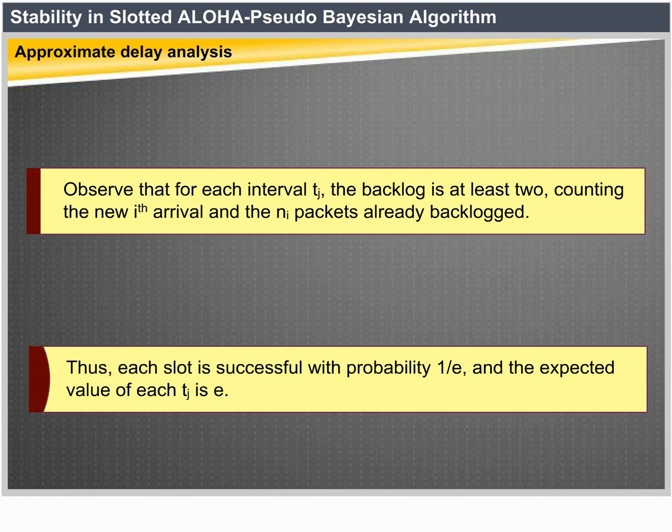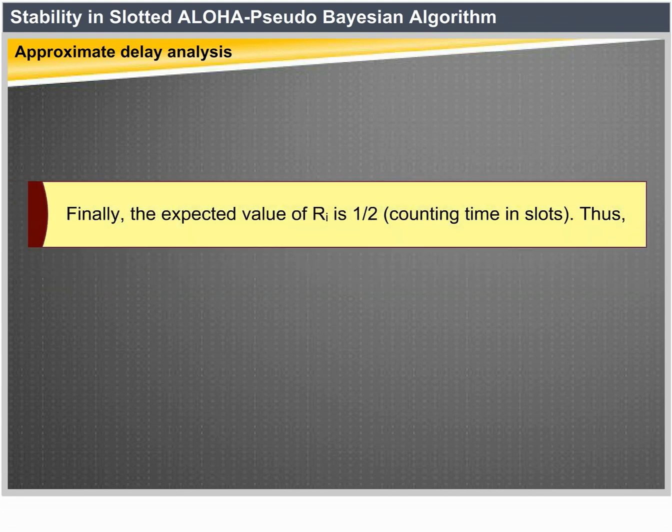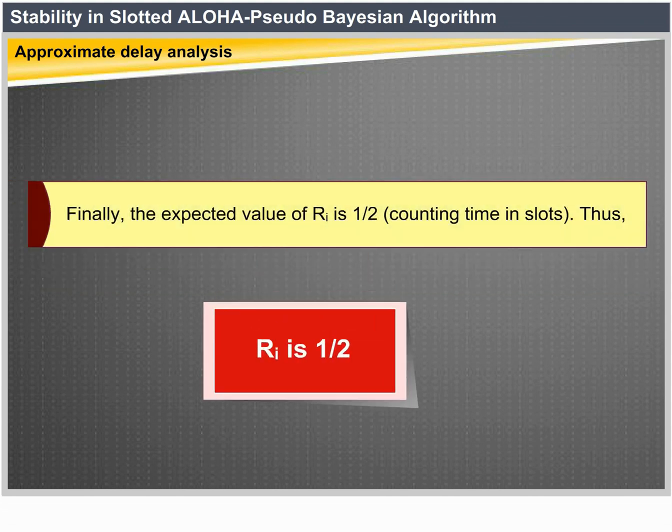Next, observe that Little's formula relates the expected values of Wi and Ni, that is, Wi is the waiting time not counting the successful transmission, and Ni is the number in the system not counting successful transmissions in process. Finally, the expected value of Ri is 1/2 counting time in slots.